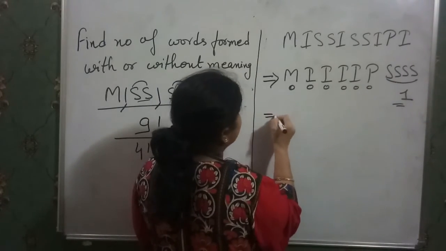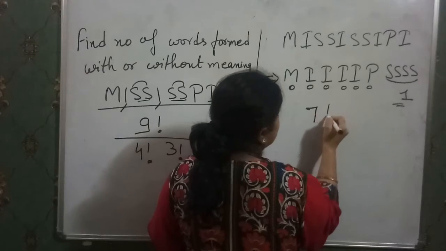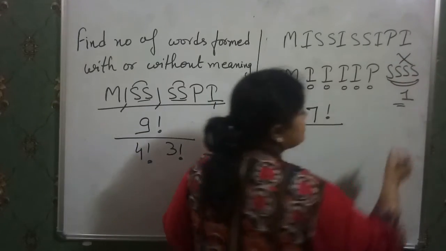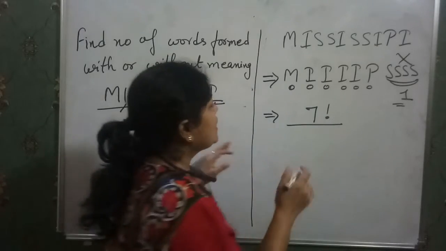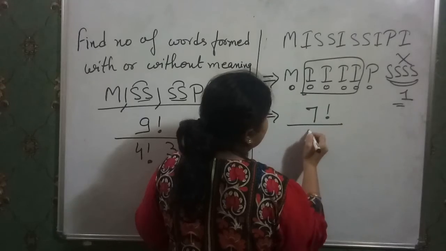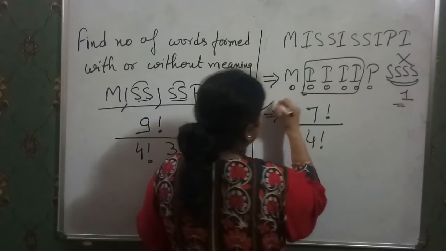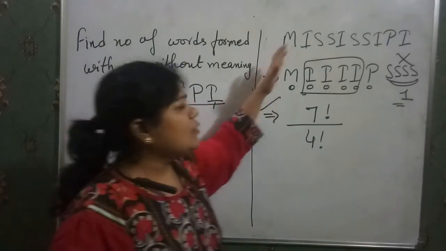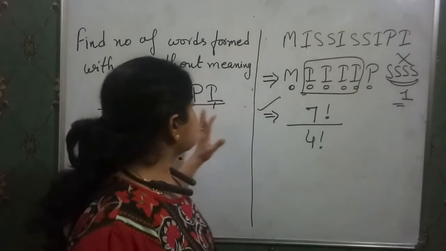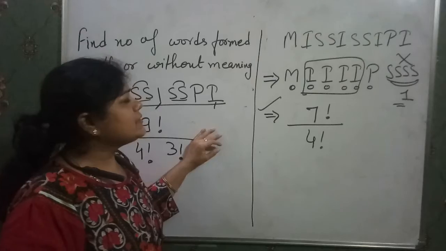So the total number of arrangements formed here is factorial 7 over, ignoring the set of S since it is one unit, and the repetition of I is there. This is again 4, so factorial 4. This is the total number of permutations when all the S are taken together. In this way we frame different types of questions.